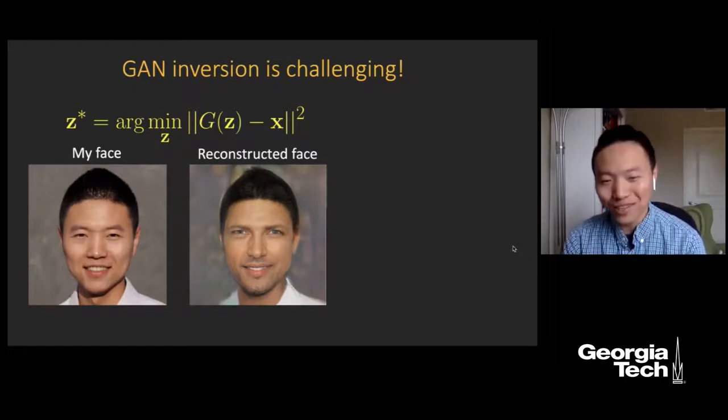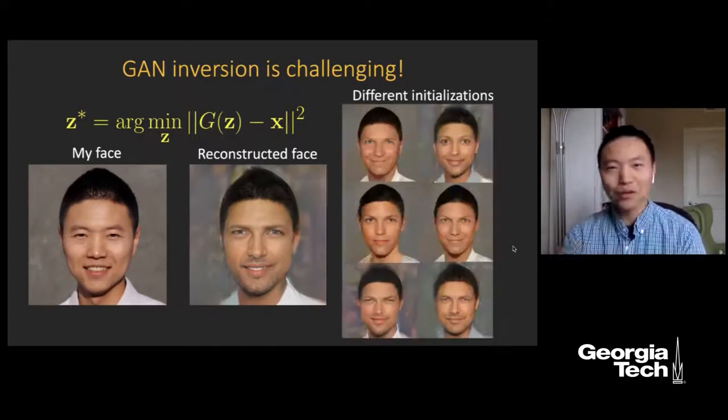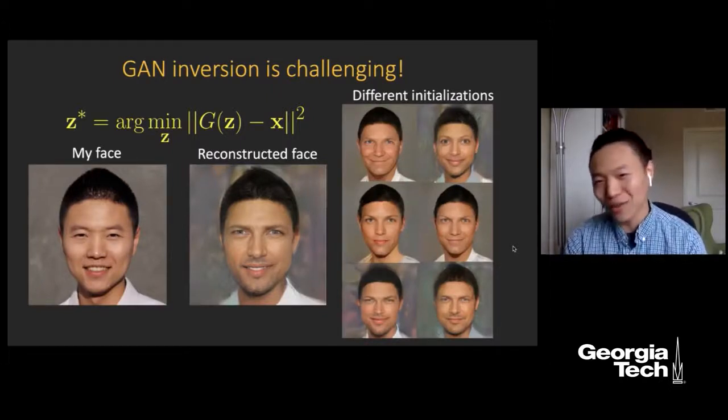When something doesn't work in machine learning or deep learning, we should try again. So here I tried different random initializations. The latent code Z actually has a big effect on this optimization problem. It synthesizes all different versions of me.